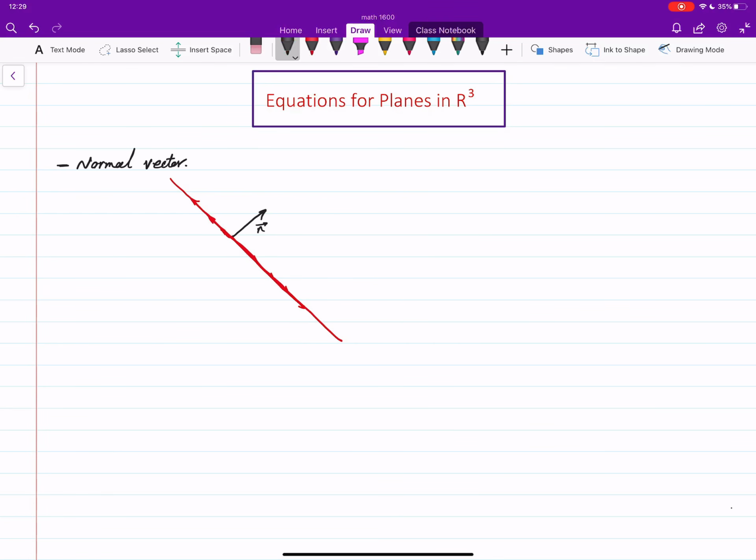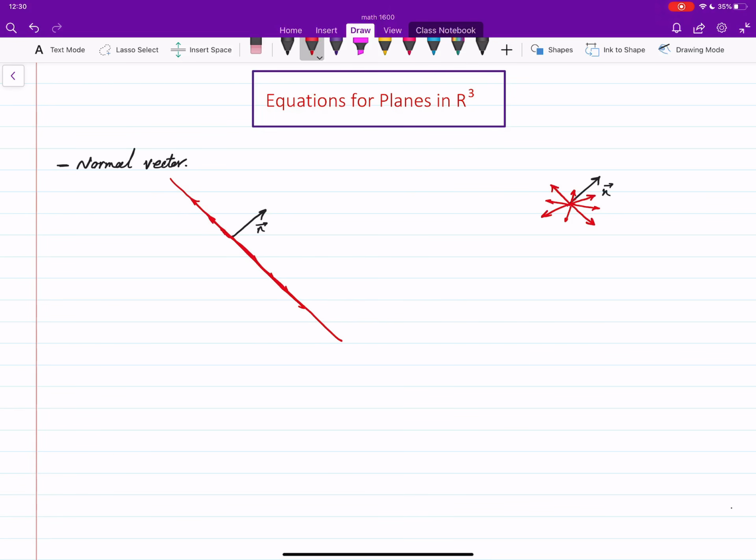In R3, however, when you have a non-zero vector, the set of all vectors which are orthogonal to this vector form a bigger space. It can move in two directions actually, instead of just one direction.